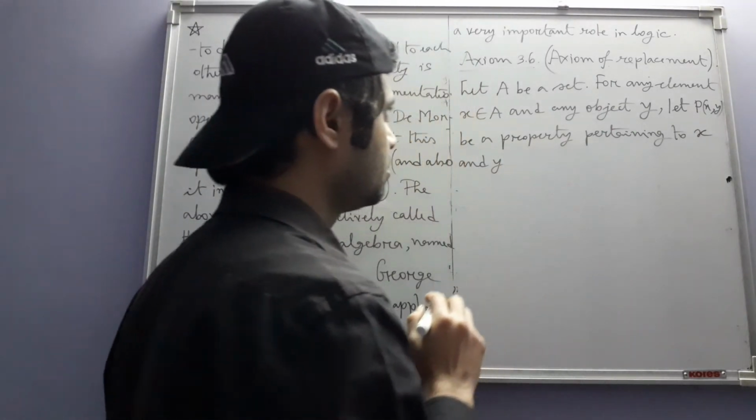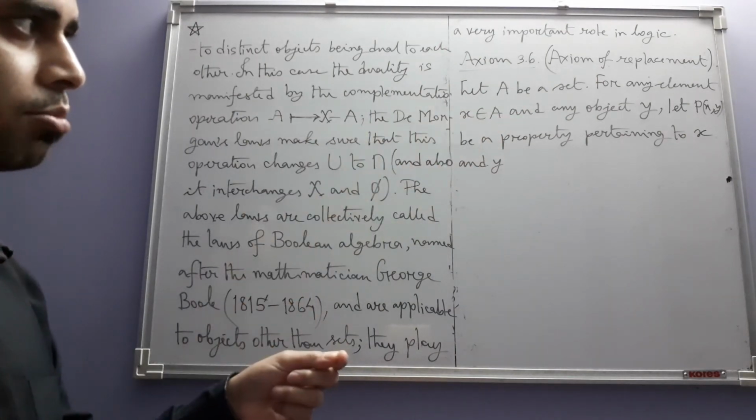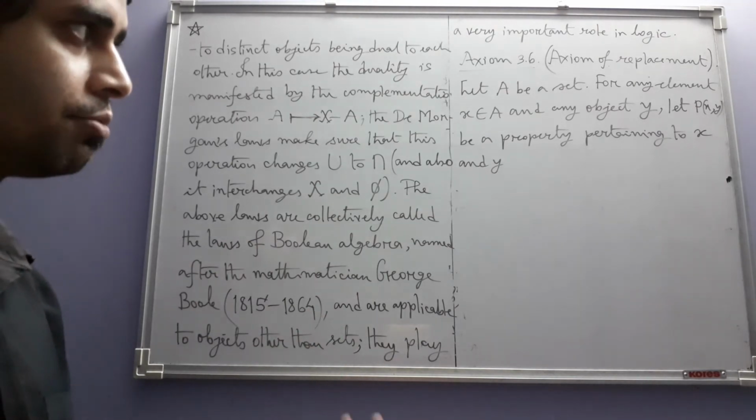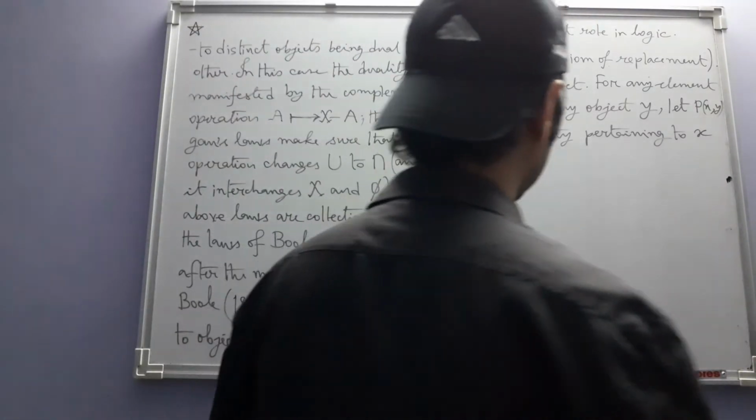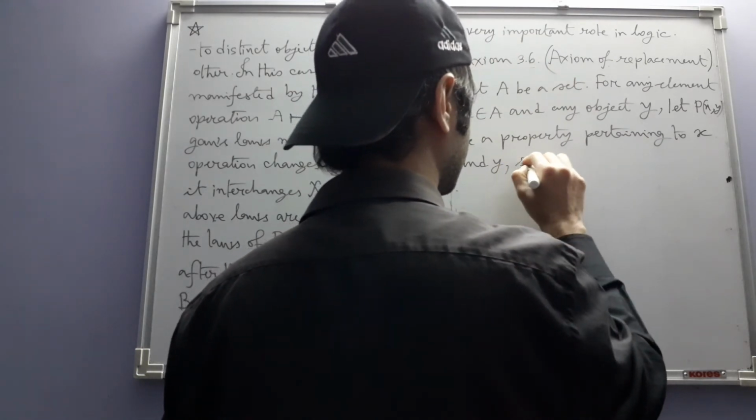So that means for a given x in A and for a given y, P(x, y) is a statement that will be either true or false. It's a well-defined, well-formed statement, such that now there is a condition.